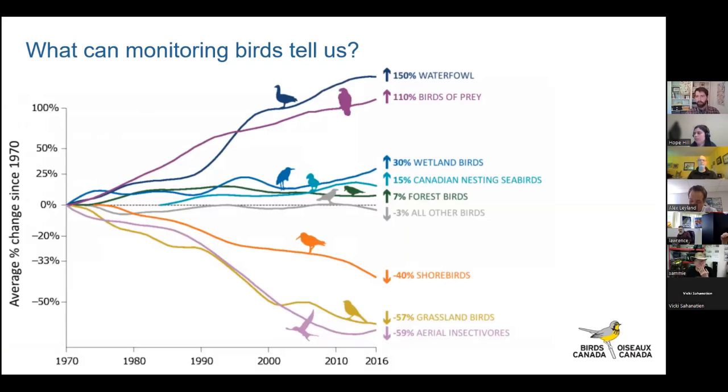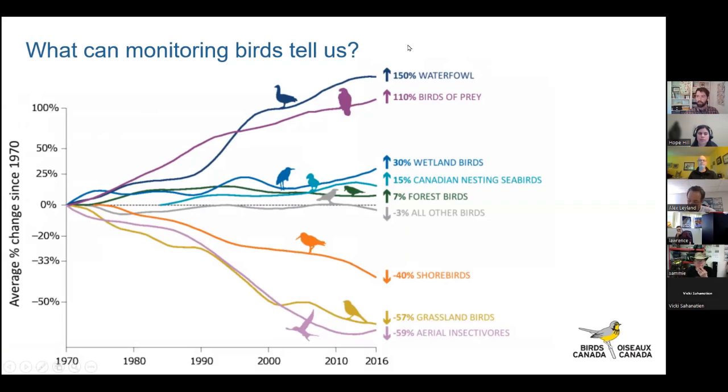So this is a graph from a few years ago now from the State of Canada's Birds. That's a document that's put out every few years that looks at all the bird species that we have monitoring data for, and which groups of them are doing better or worse, and what that can tell us about biodiversity in Canada. So you see some species that are doing really well, like waterfowl.